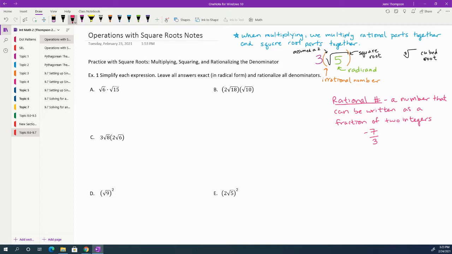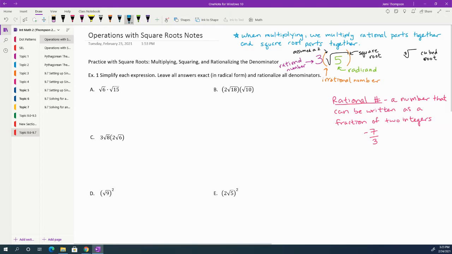That is a rational number. It can be written as any fraction of 2 integers. An irrational number is everything else. And an irrational number will usually look like the square root of something that's not a perfect square. Okay. So here is my rational number. So some vocabulary to kind of go over there.